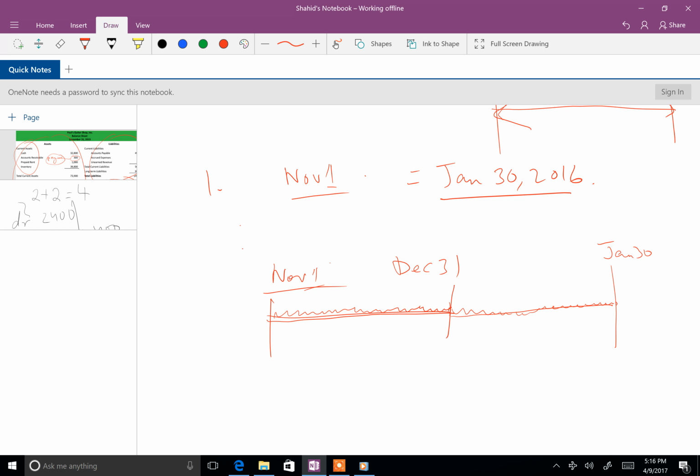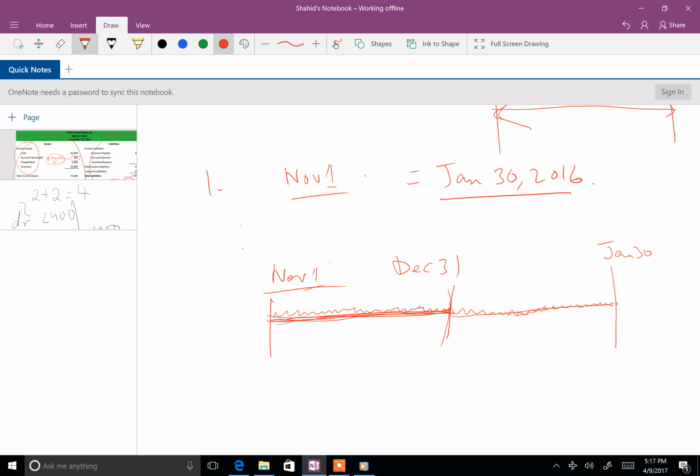That's the problem with interest, that as the time moves, you owe more money. And because you were earning during December 31st, you were trying to make money, right? There was an earning going on.